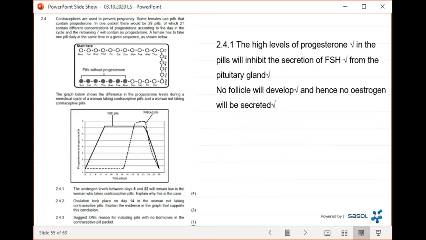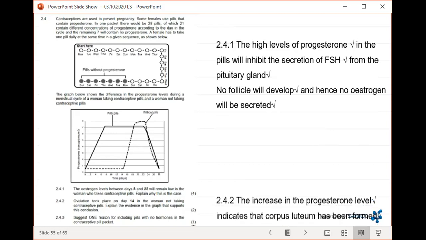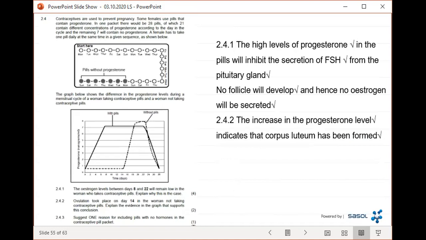Okay, then question 2.4.2, ovulation took place on day 14 in the woman not taking contraceptive pills. Explain the evidence in the graph that supports this conclusion. So that would be the peak. Right, so the increase in progesterone level indicates that the corpus luteum has been formed.